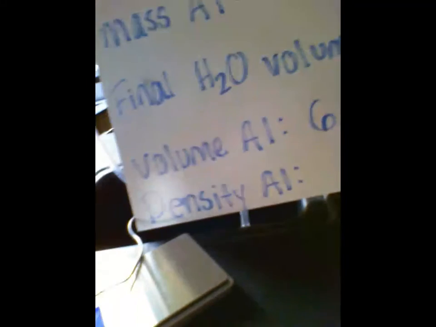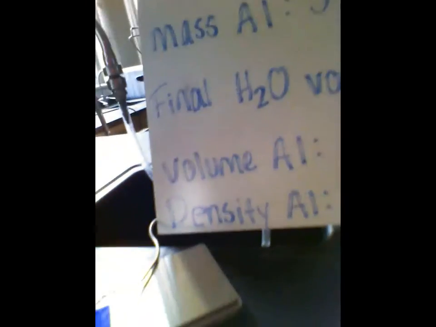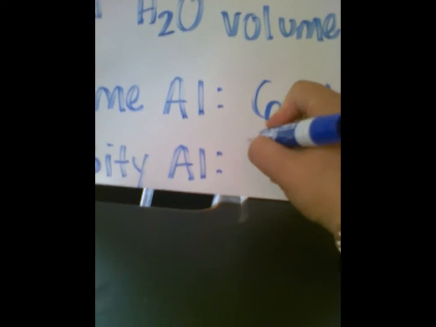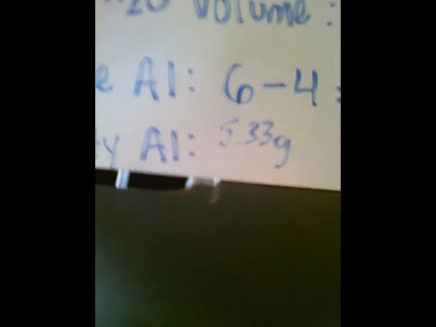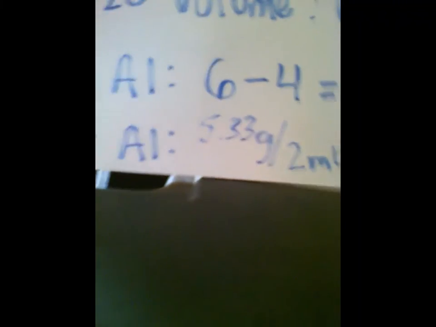My very last step is to calculate the density. Density is calculated by mass over volume. My mass of aluminum right here is 5.33. My volume of aluminum is 2 milliliters. So mass divided by volume will give me density: 5.33 divided by 2.